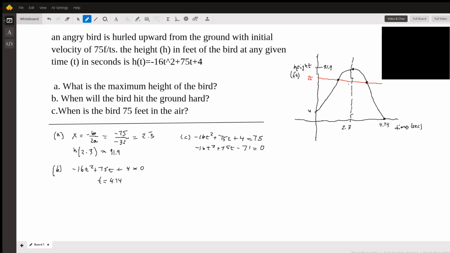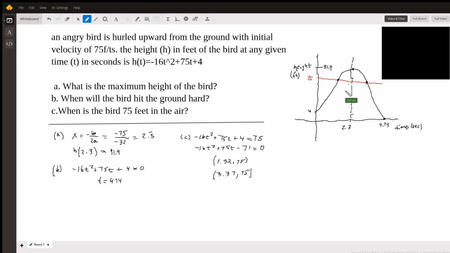And I'll give you the answers so that you can check your work later. So the first one I get here is 1.32 comma 75, and then the other point that I get, just give me a second, is 3.37 comma 75.